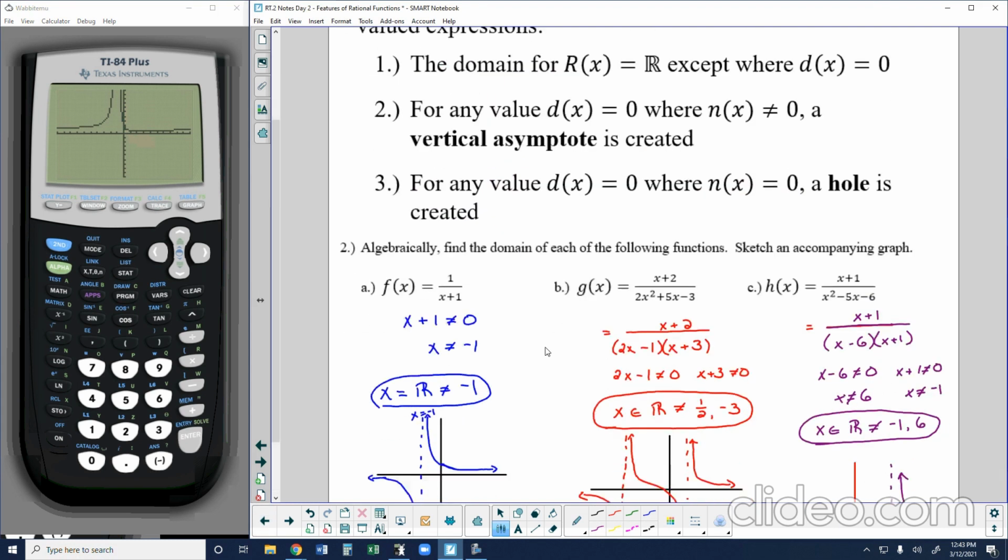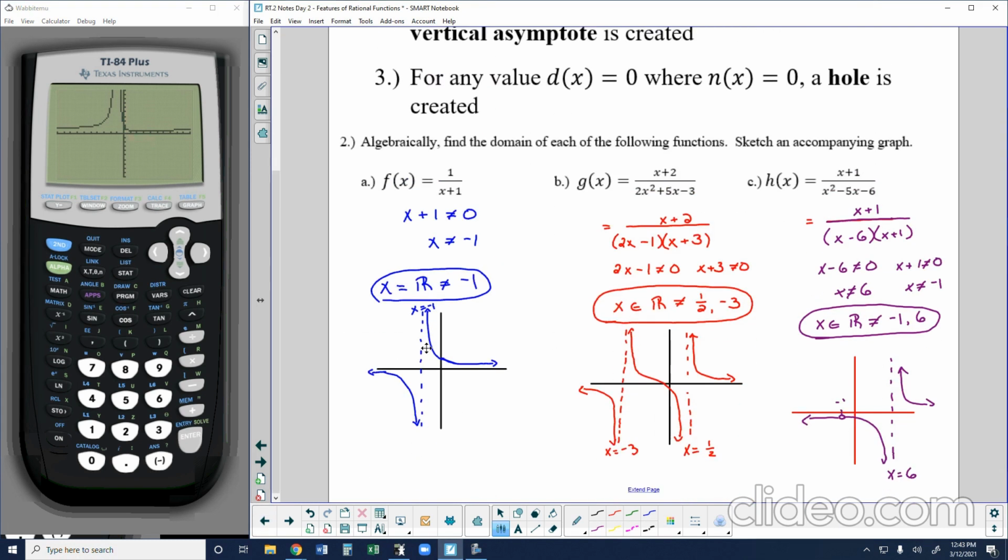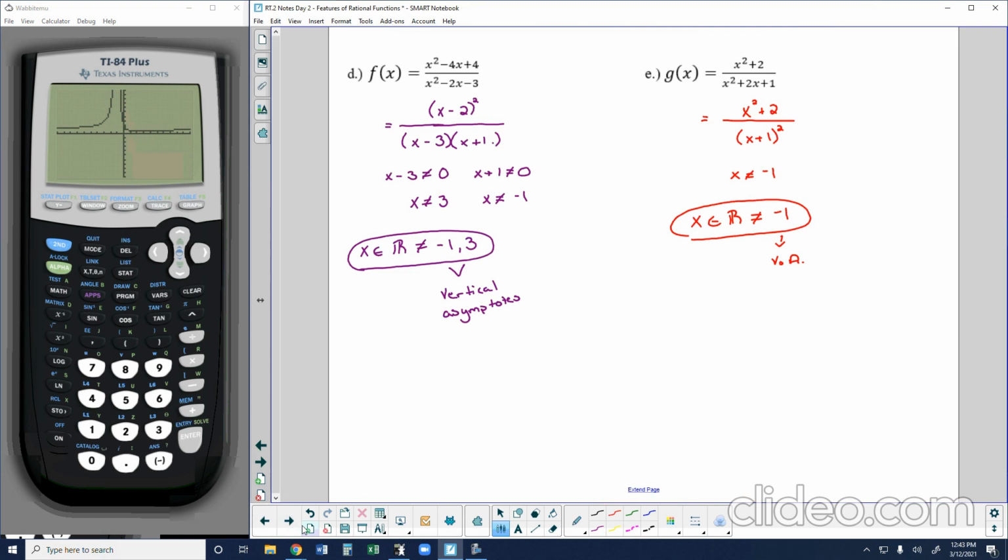Previous to this example, we had seen one asymptote where the curves were on different sides. In this case, the curves are on the same side. Again, you'll learn more about why that happens in pre-calculus. We just want to identify that the vertical asymptote is there, and if we need to graph, we'll go to the graphing calculator.